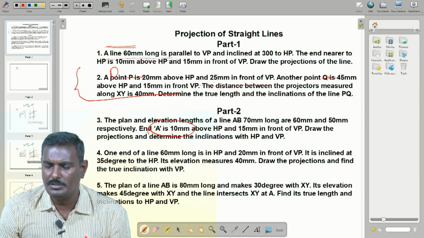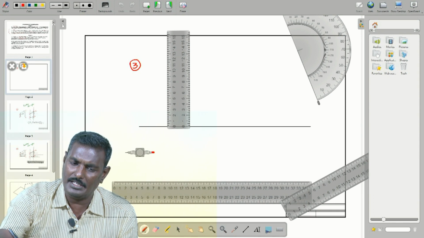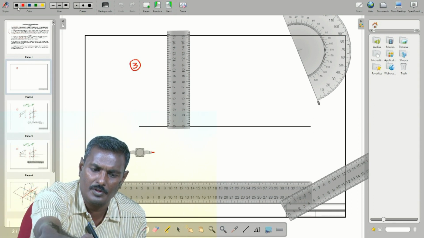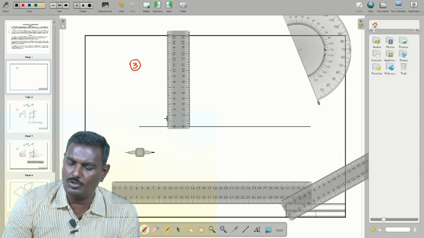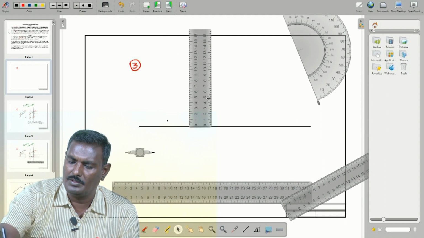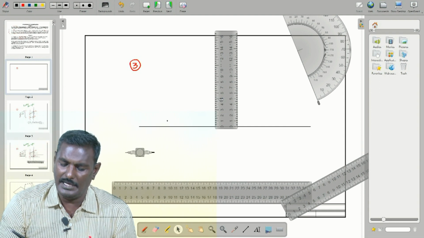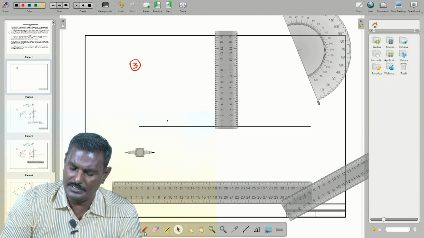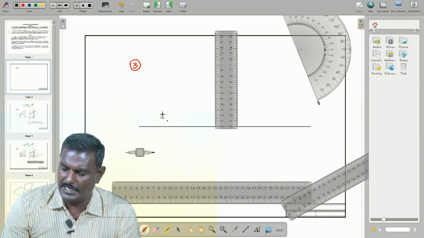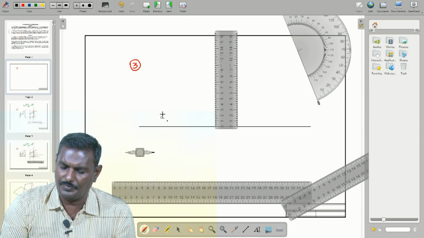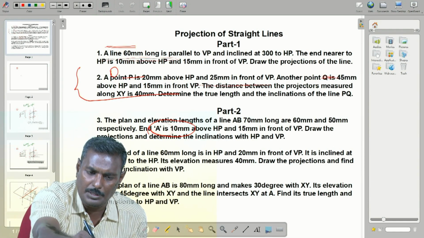So for A dash, I mark a point 10 mm above XY. So what about the other parameters?